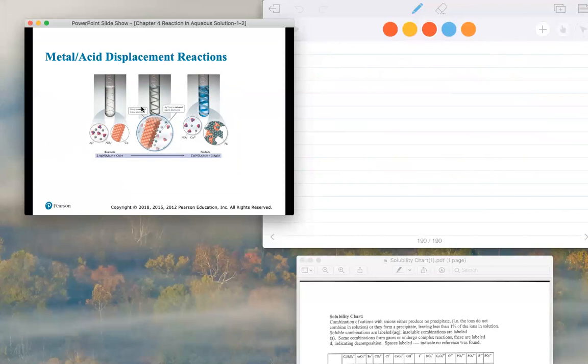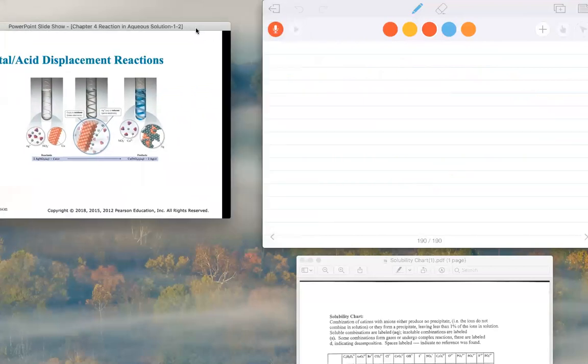Now, how do I know the product? Because you have to know this, there is silver nitrate here, which will produce what? Silver is +1, and nitrate is -1. How do I know that it's a polyatomic ion?